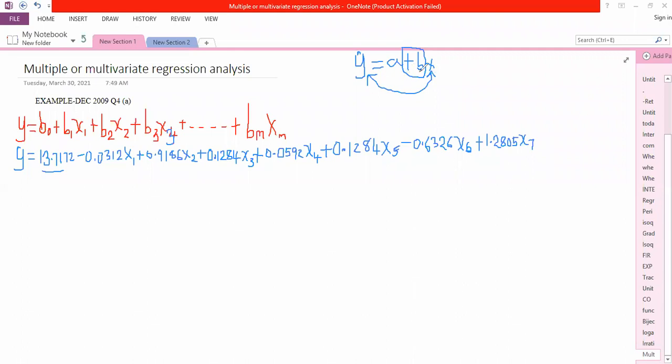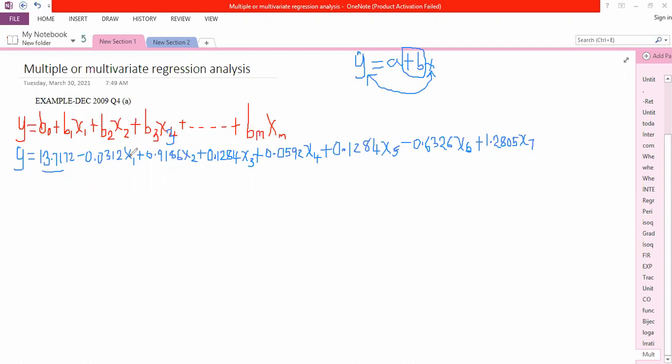So the same constant we have, only baptized as b1, b2, b3, we need to look at it, and if it is negative, there exists a negative relationship between the y, our dependent variable, and the mentioned independent variable. If it is positive, again, we'll say there's a positive relationship between the said dependent variable and the independent variable in question.